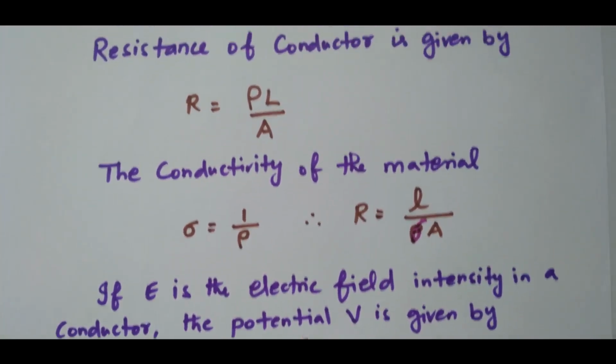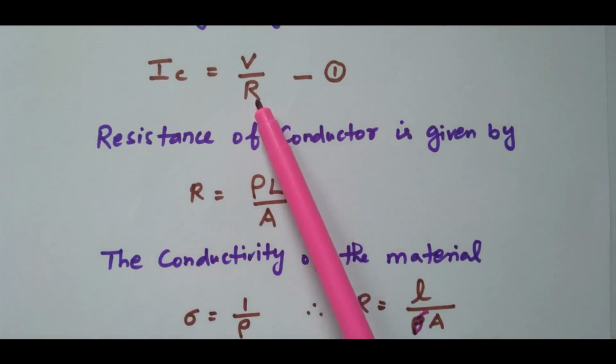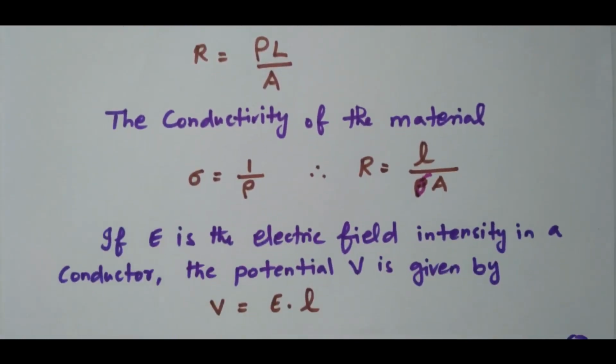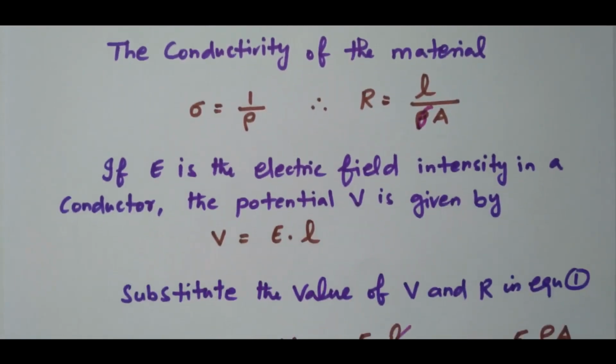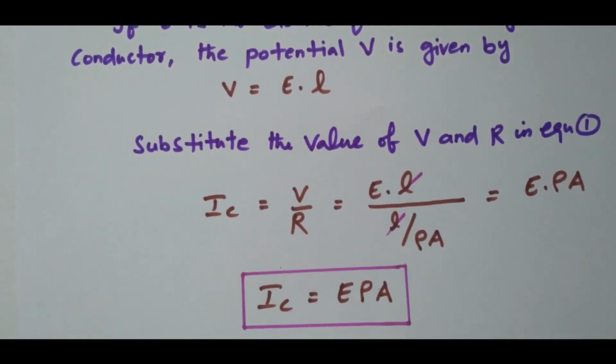So the equation 1 is available here, IC equal to V by R, right? The R we can represent as L divided by sigma A, conductivity, right? The V represented as E into L in terms of electric field intensity. Now we can replace these two. So the equation 1 is nothing but IC equal to V divided by R. V is E into L, R is L by sigma A, right?